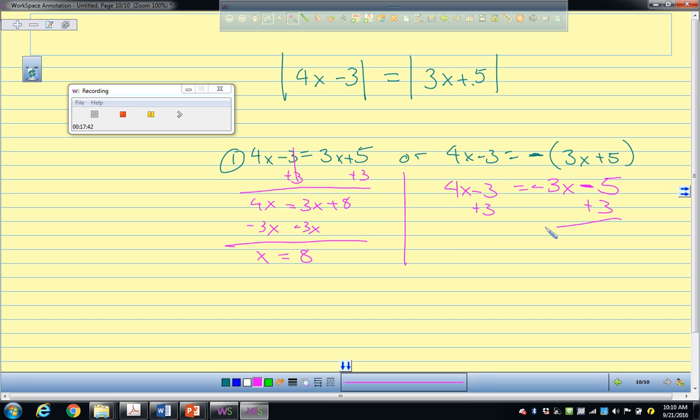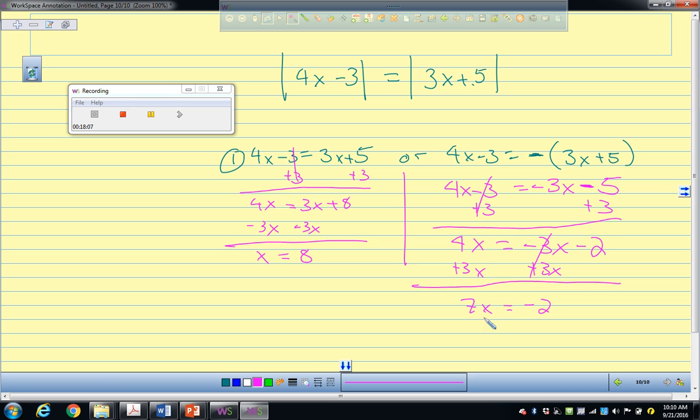Plus 3. And I get 4x, that goes away, equals negative 3x minus 2. Now what? Plus 3x to both sides, plus 3x, plus 3x. I get 7x equals negative 2.